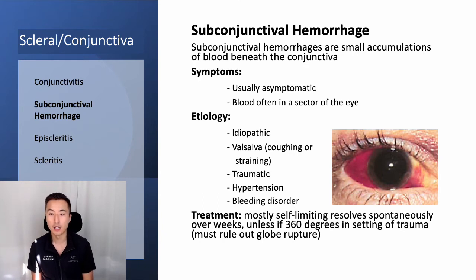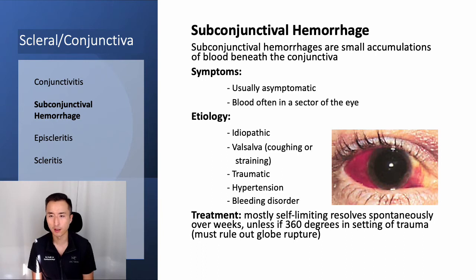And then finally, if it's recurrent, you may want to just do a quick review of systems for bleeding disorders. So ask if they have bruising in other places on the body. In rare cases, this can be associated as a first presentation of a hematological malignancy. And so ask about whether it's happened before.